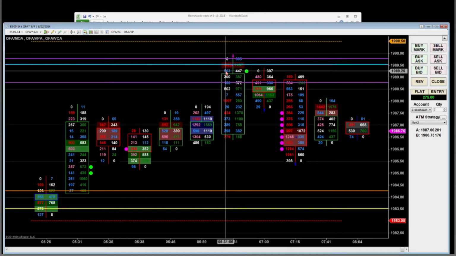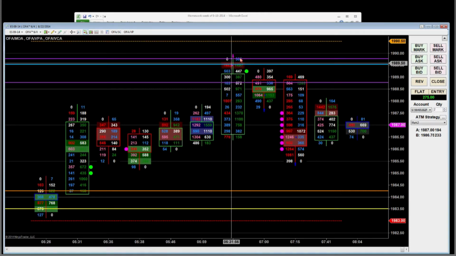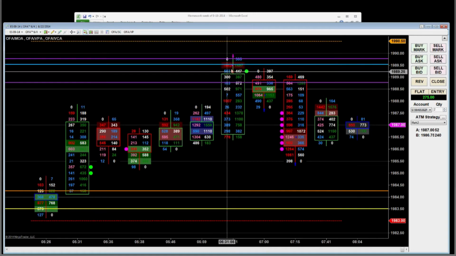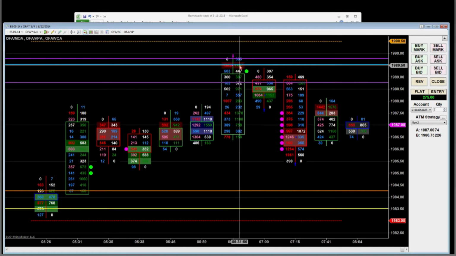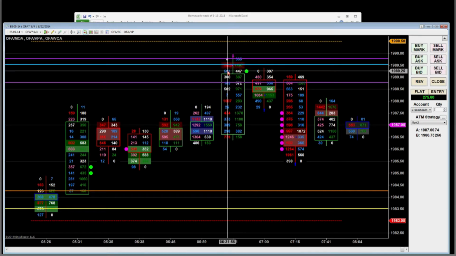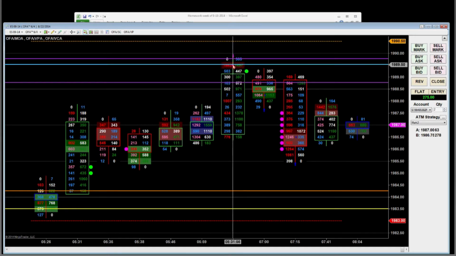Now, there are going to be times when I'm looking to take a short and I'm going to read what's happening in these price combinations, the bid and the ask. I'm going to read what's going on, and I'm going to see an immense amount of pressure at the offer. And based on how price acts, a couple of ticks lower, I may decide this isn't a good short.